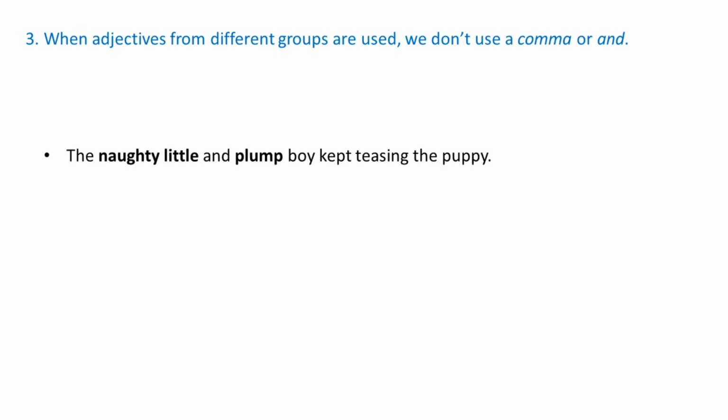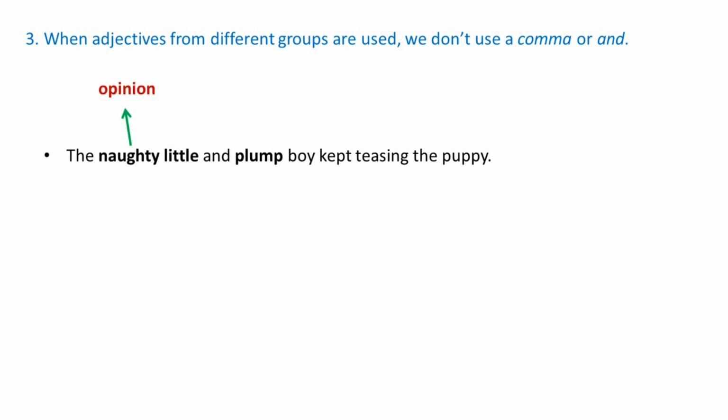Here in this sentence, there are three adjectives used to describe the noun boy. Naughty, little, plump. But the conjunction and used between little and plump does not sound correct. Therefore, you cannot also use a comma there because the adjectives used here belong to different groups.